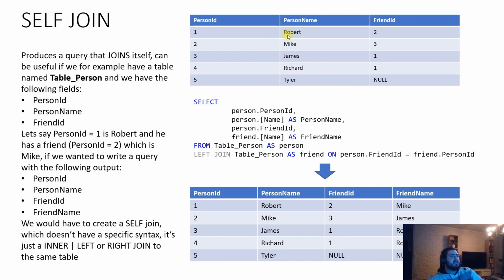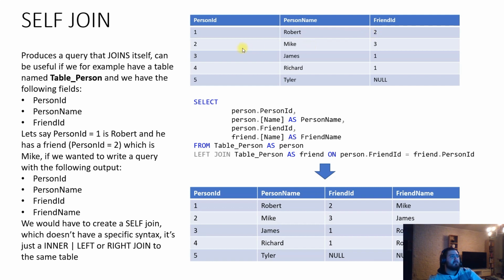In this case we have person ID 1, and the person name is Robert, and then we have the friend ID of 2, and the information about this person with person ID 2 is stored in the same table.